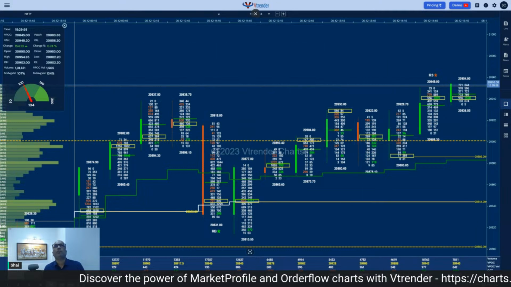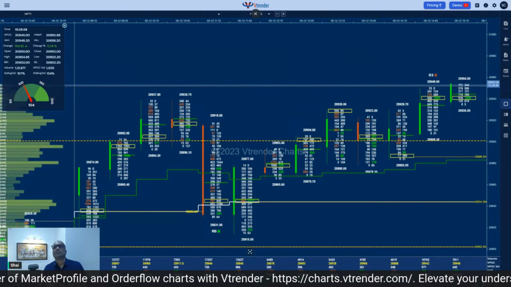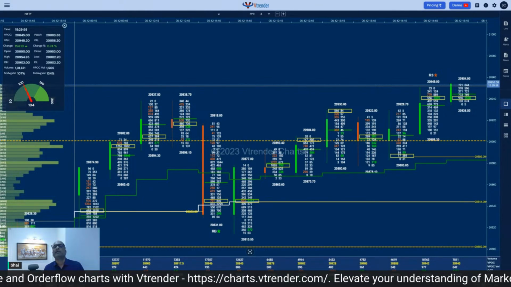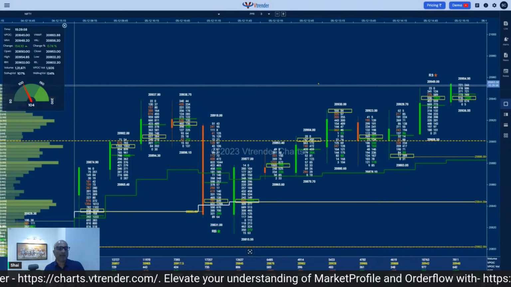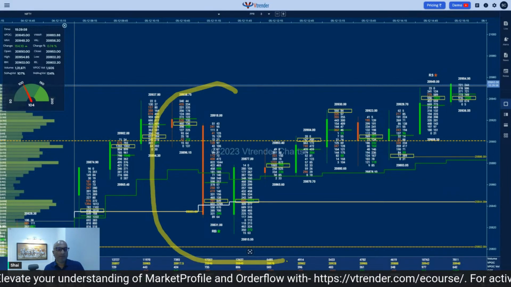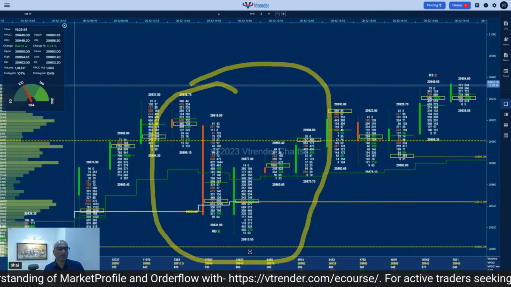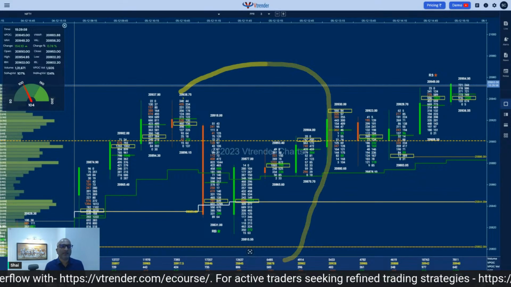So if I have to bring my cursor, give me a minute, let me just do this. And if I had to focus on any one particular aspect of this chart, I'll talk to you about how to understand this chart in greater detail.